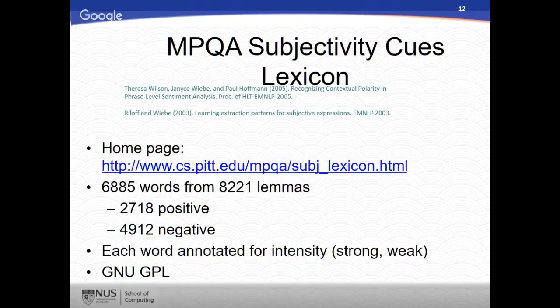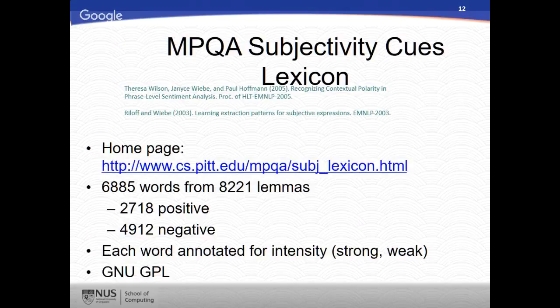So some researchers also try to automatically generate some sentimental lexicons. For example, this is the MPQA subjective lexicon. Since it is automatically generated, it has more coverage. It covers about 7,000 words. Positive words are about 3,000, and negative words are about 5,000.